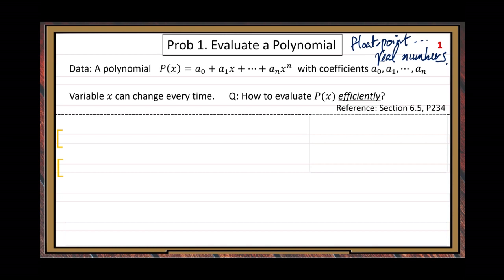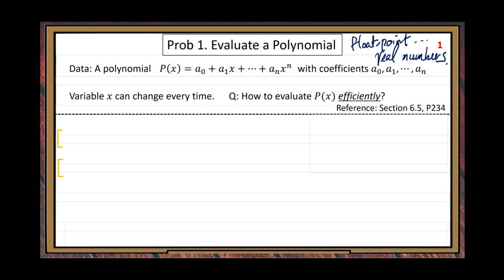The reason I jump to section 6.5 is that I want to select an appropriate question for your programming project number 1, because we want to start our first programming project as soon as possible. And this is a good one. First, it is not very hard.